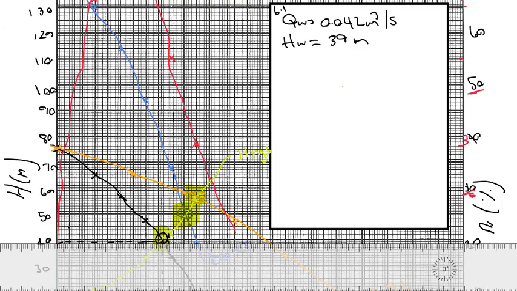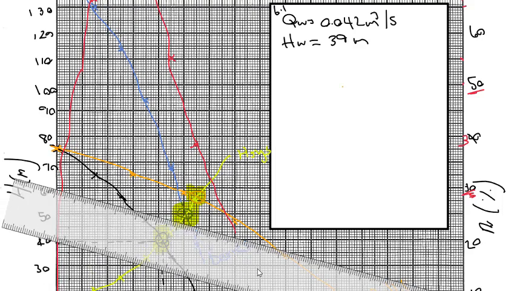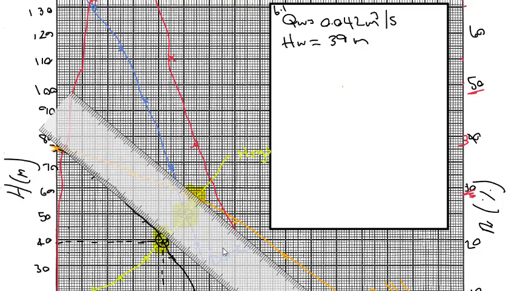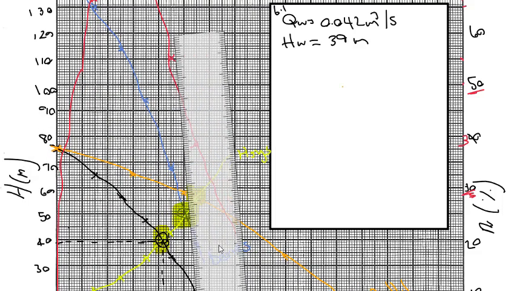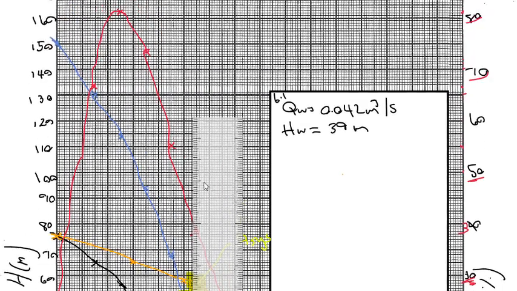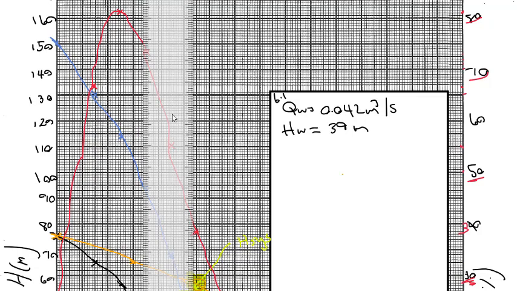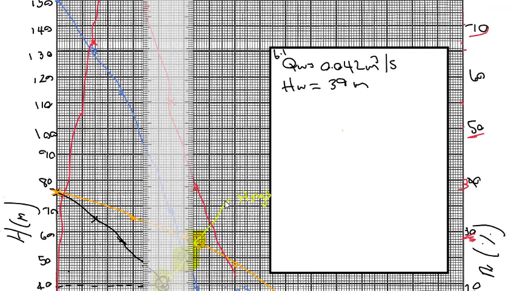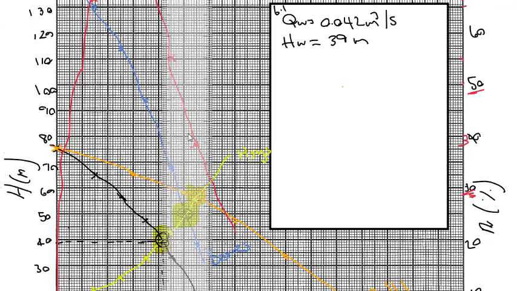So what you simply need to do is take your ruler again, rotate it 90, connect it to that working point. Then you'll simply go and read off.